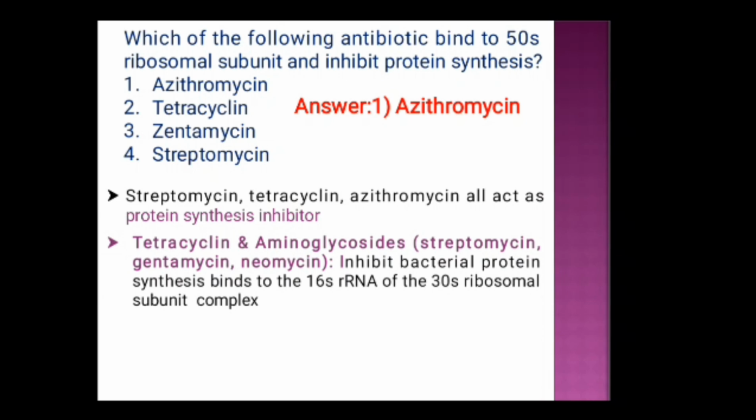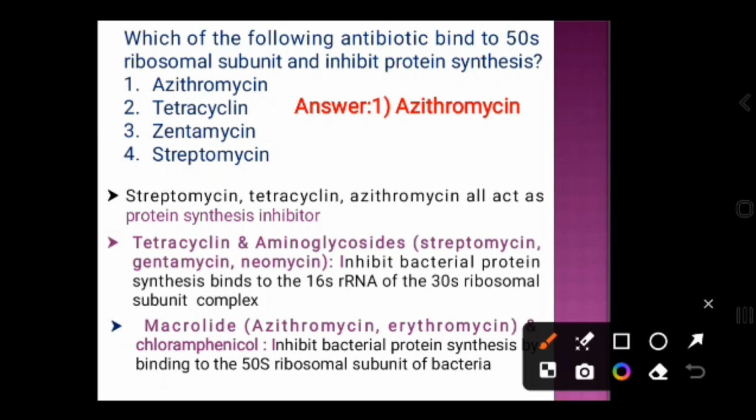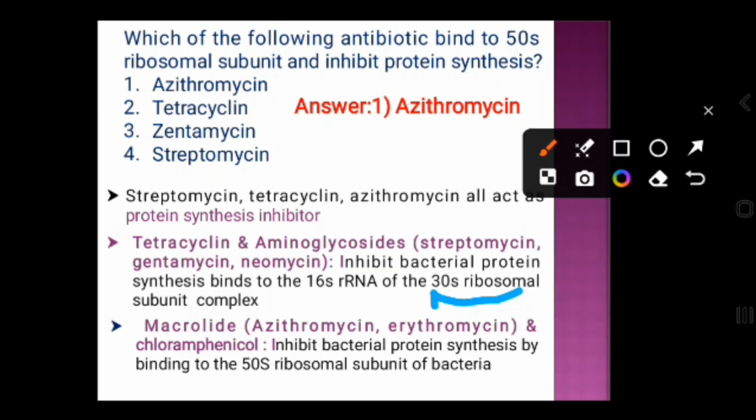Tetracycline and aminoglycoside antibiotics inhibit bacterial protein synthesis by binding to 16S rRNA of 30S ribosomal subunit, whereas the macrolide antibiotics and chloramphenicol inhibit bacterial protein synthesis by binding to 50S ribosomal subunit.